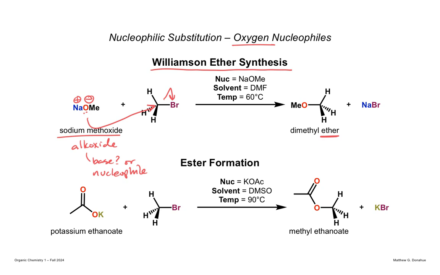If you wanted to make an ester, you would use the salt of a carboxylic acid. So this is probably one where temperature is really going to matter. Again, because that conjugate base is pretty stable, meaning that it really does not want to participate in this reaction. So you have to heat it quite a bit. And again, if you've ever made spaghetti at home and you've boiled water, and you put your hand over that steam, it gets pretty hot.